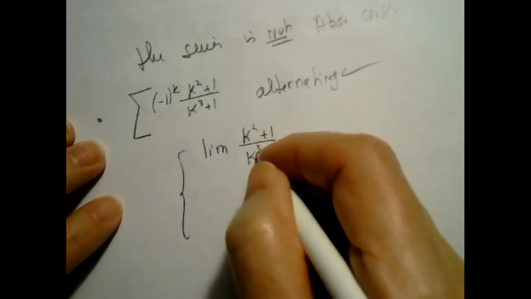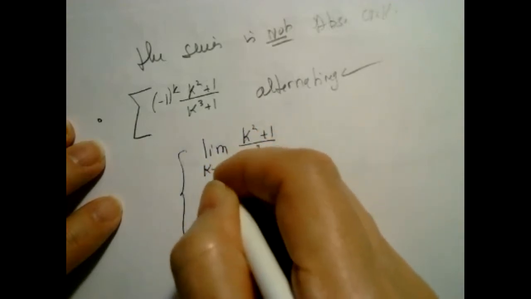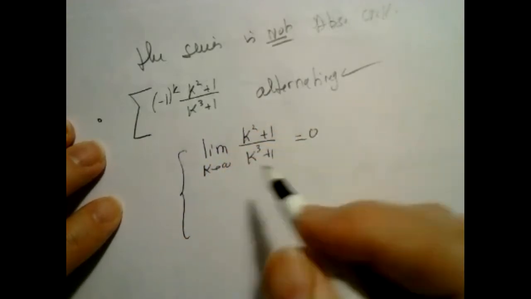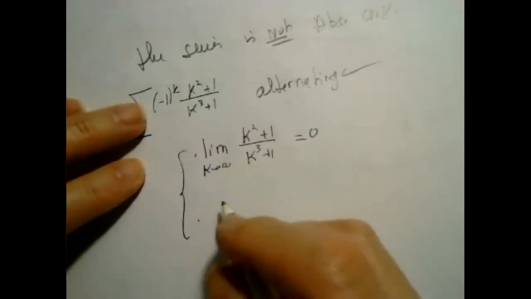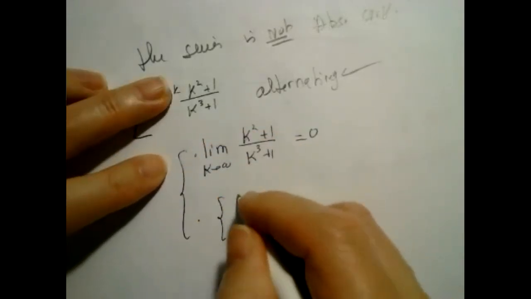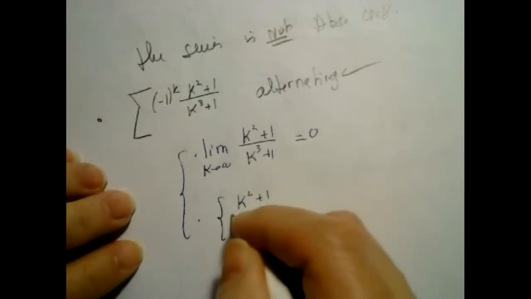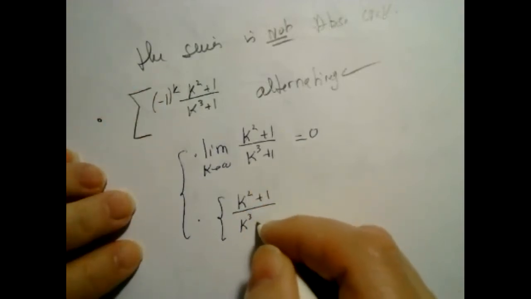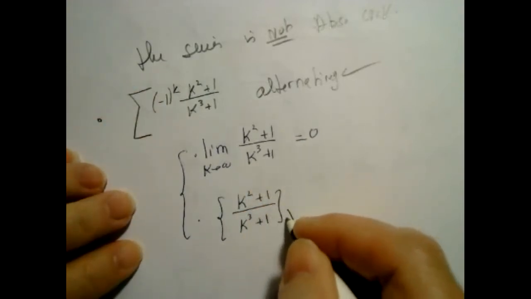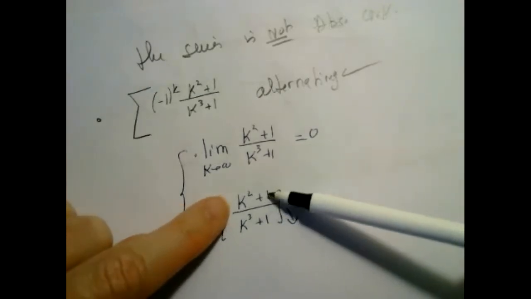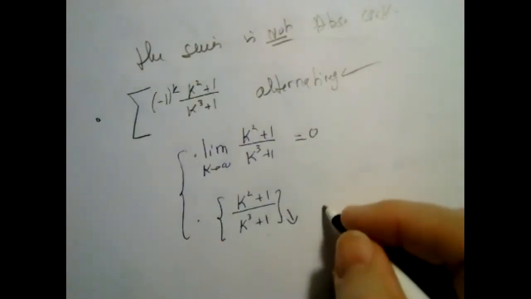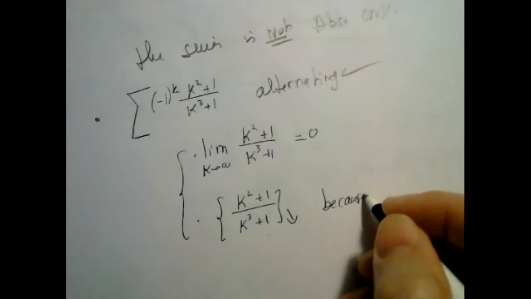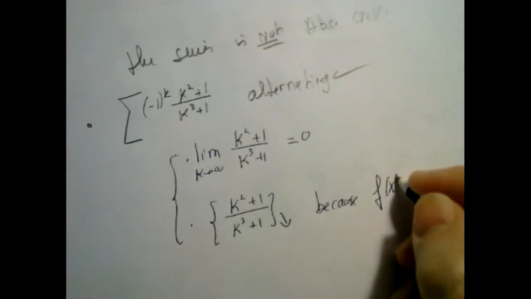You guys have to basically verify yourself that those terms go to 0. You can divide by K squared on both sides. And this sequence is eventually decreasing. I told you it is not obvious why it decreases, because the numerator increases and the denominator increases too. But you can sketch the function to see that it is decreasing.